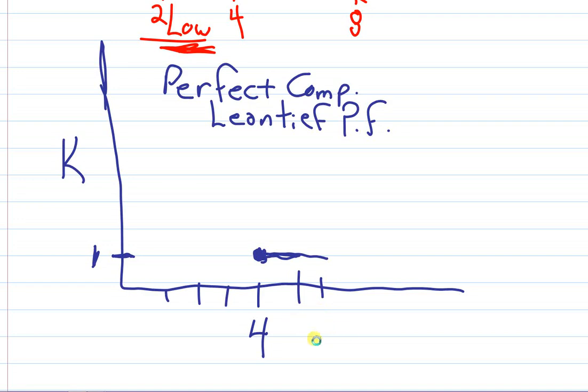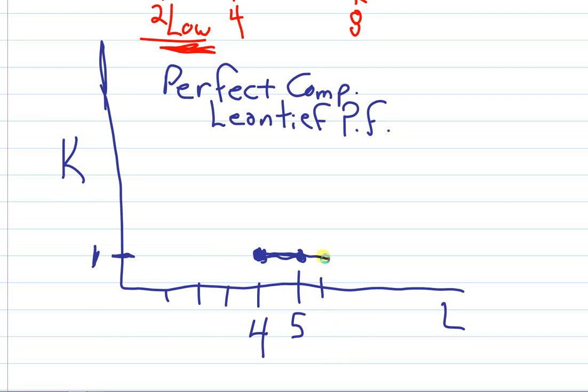So, I'll label L over there. If you had 5 workers and one machine, you get the same output as if you had 4 workers and one machine, because we're thinking about a type of machine where you need exactly 4 workers and the 5th person has nothing to do.